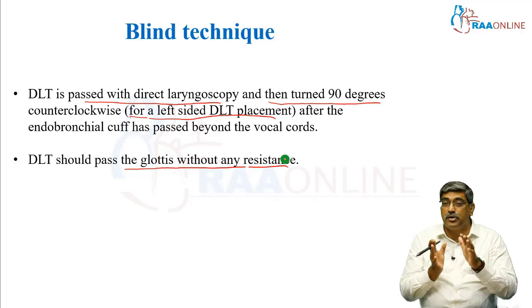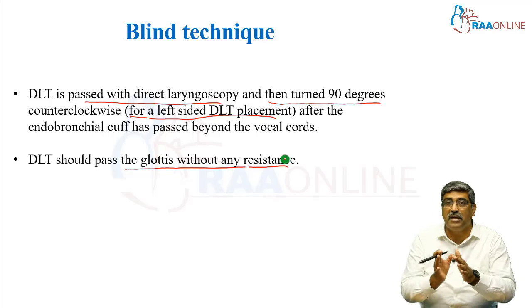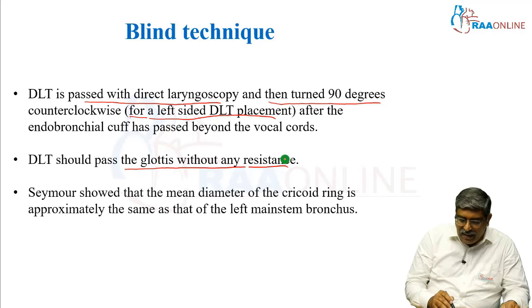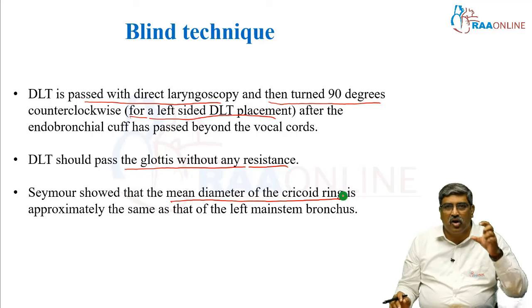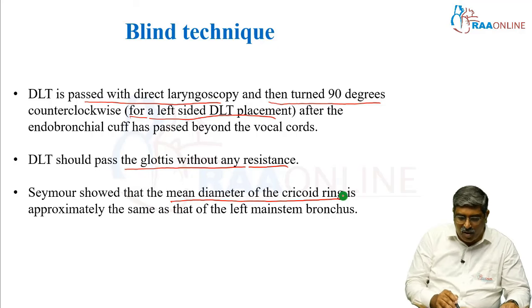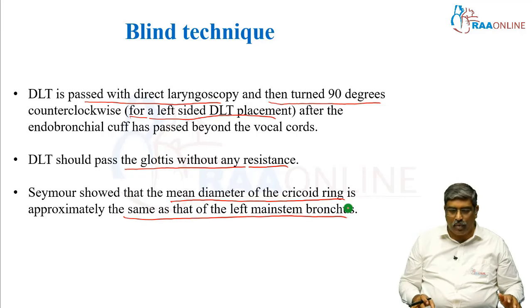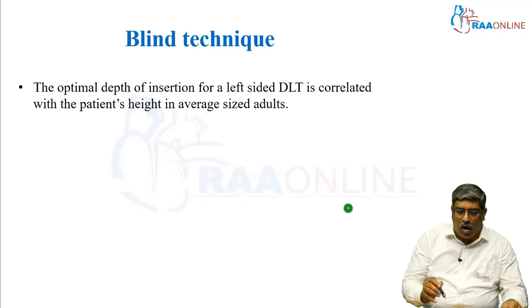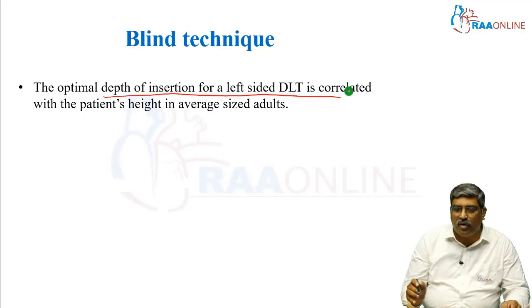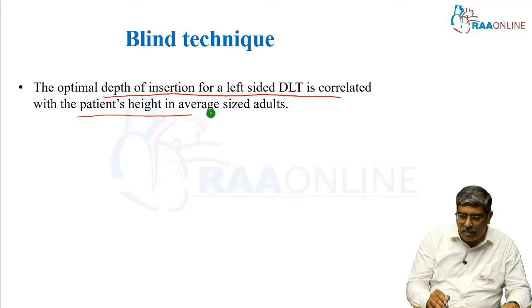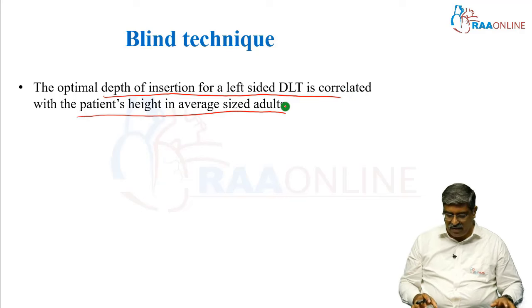These are all bigger size tubes, so you should properly size it and pass without any resistance. The mean diameter of the cricoid ring is approximately the same as the left mainstem bronchus.